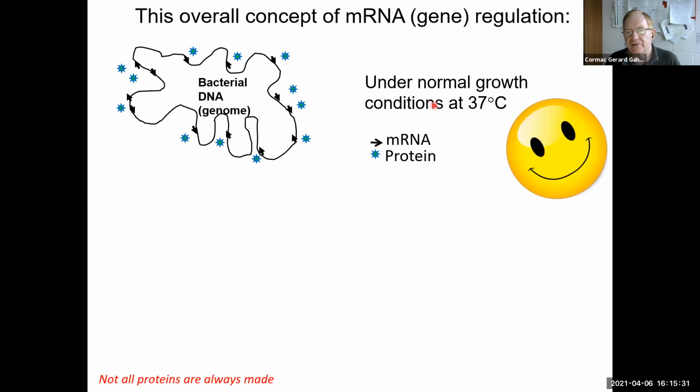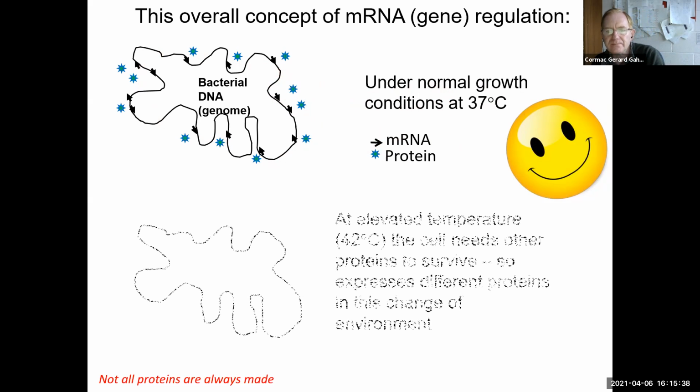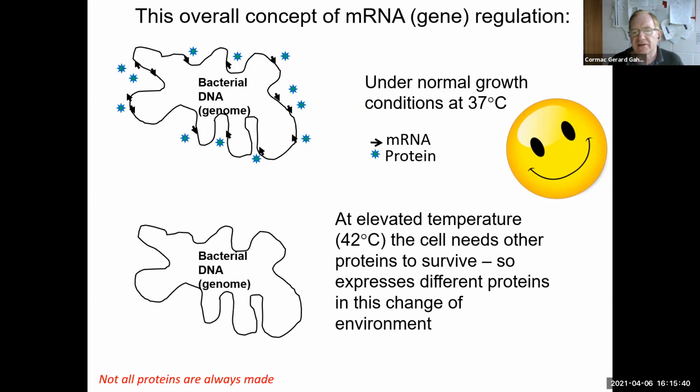So under normal growth conditions, E. coli makes all these proteins, and it's very happy. But what if we switch the E. coli to 42 degrees? It doesn't like 42 degrees, and the cell needs to make other proteins in order to survive. So it makes messenger RNA for other proteins, and it makes these other proteins. You can see I've deliberately put these at different regions, just as an example.